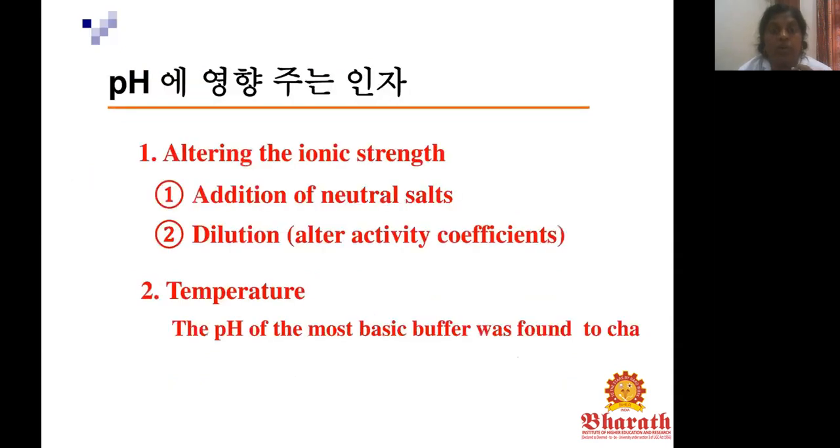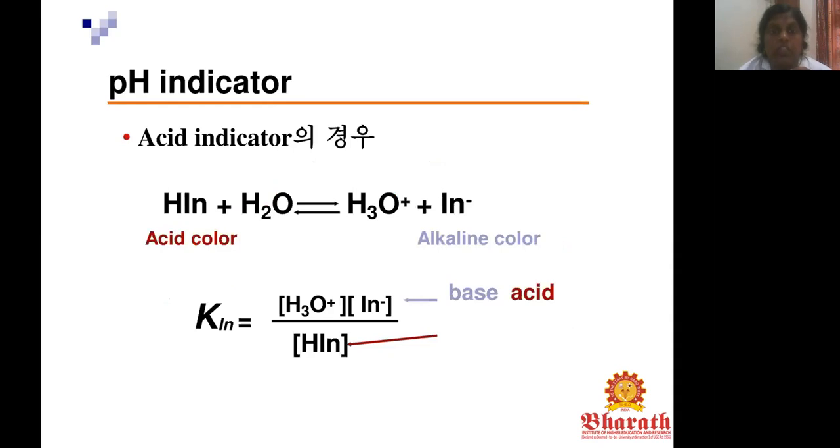Next is altering the pH. Altering the ionic strength, the addition of neutral salts, and dilution alter the activity coefficients. Second is temperature. pH can be altered by temperature; the pH of most basic buffers was found to change depending upon the temperature. Next, pH indicator.